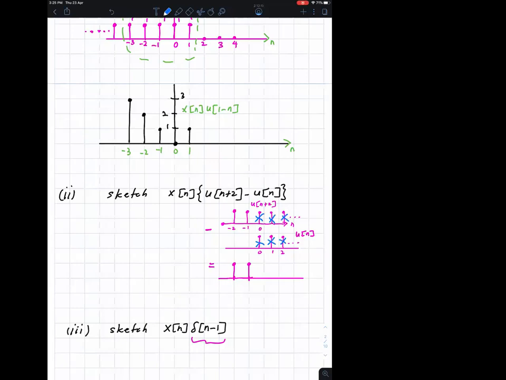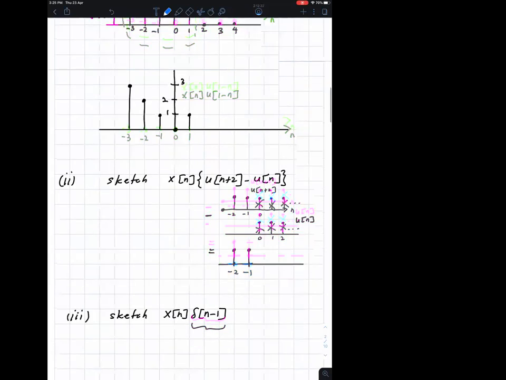Yes, sir. So you have to be careful. This is very important. It is not like, for example, in the continuous time signal, it's different.